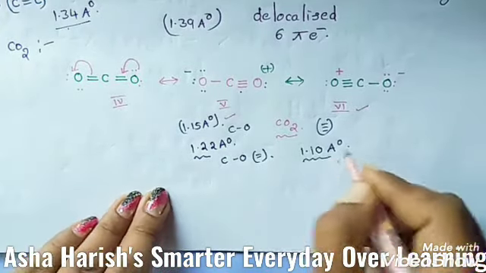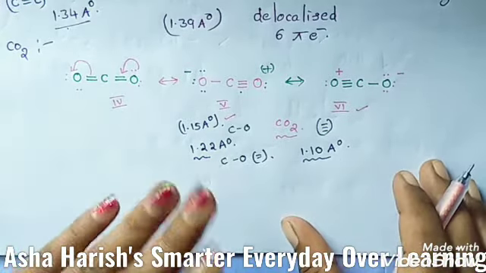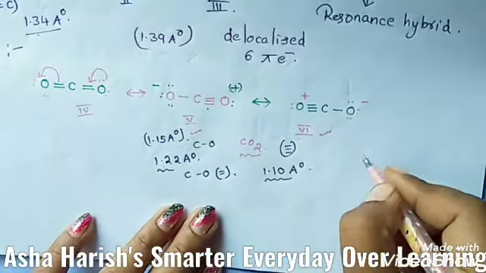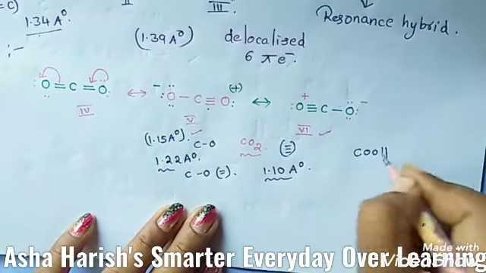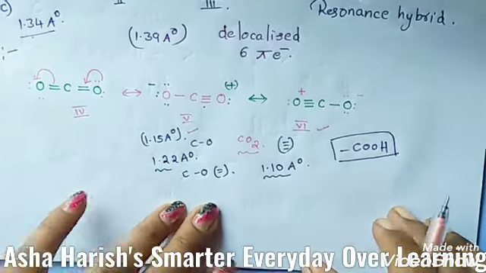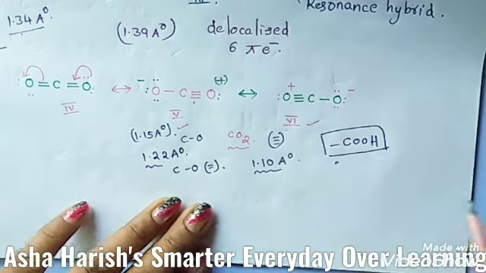Just like benzene and CO2, carboxylic acids also show resonance character. These carboxylic acids, whose formula you know, COOH, may be regarded as a resonance hybrid. I'll show you the pictures now.